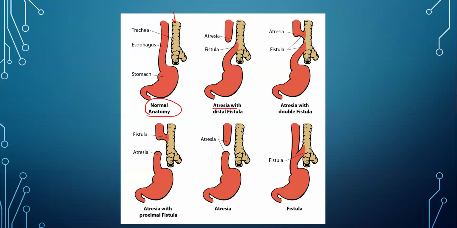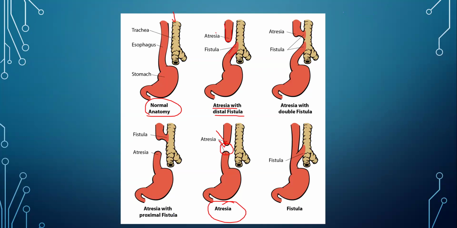In esophageal atresia, like this one, the upper end of the esophagus ends in a blind pouch. And see this middle part, there is nothing there. That's called esophageal atresia without any fistula. Now there is another condition, esophageal atresia with fistula, where the esophagus ends in a blind pouch and the distal end of the esophagus gets connected with the trachea.